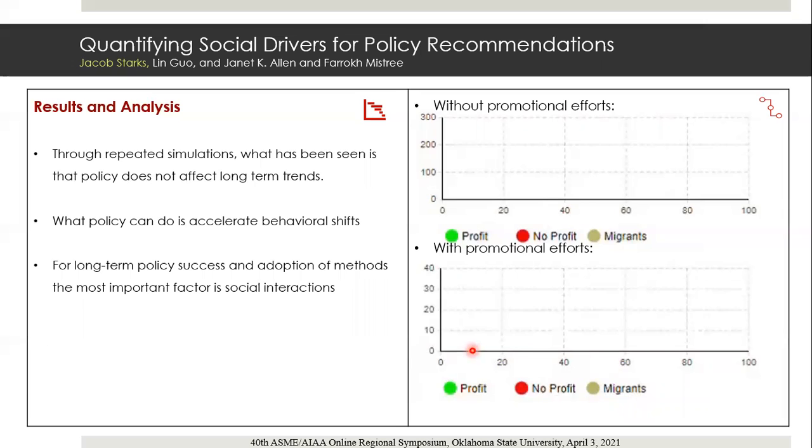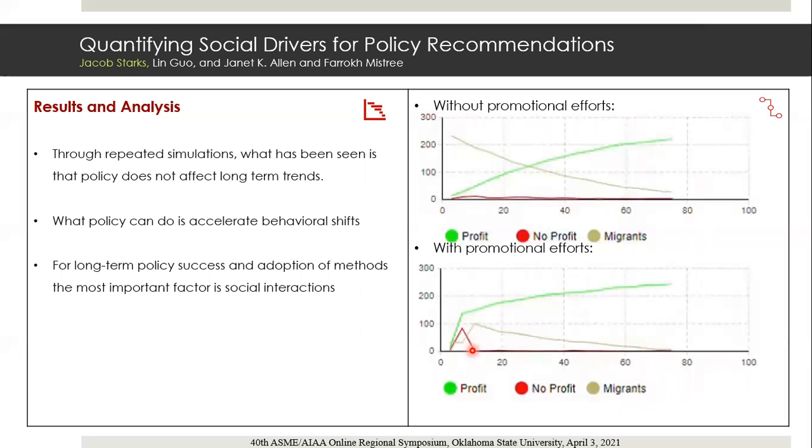However, conversely, if you have a policy that in the short term stimulates something that individuals do not have a natural driver to move towards, it won't be successful simply because over time, once the incentives in the short term wear off for individuals to adopt, they will simply shift back to their original patterns.